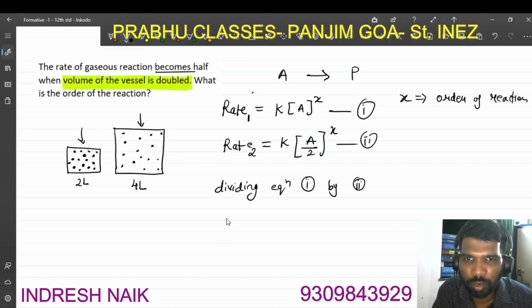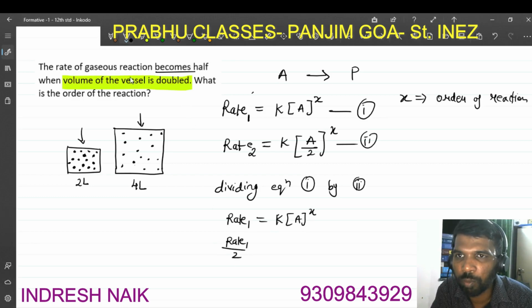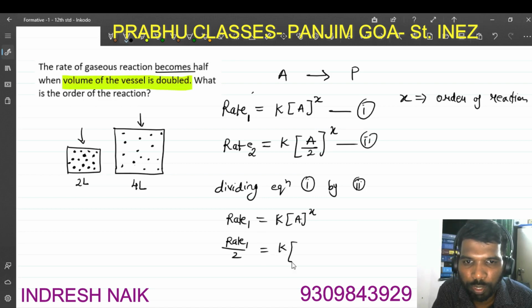Equation 1: rate 1 is equal to k A raised to x. So equation 2 will be rate 1 by 2, because it is said the rate becomes half when volume is doubled. Volume is double means A is becoming half.